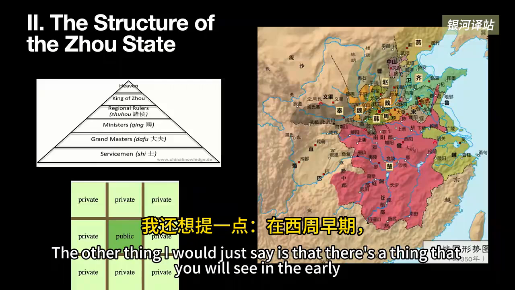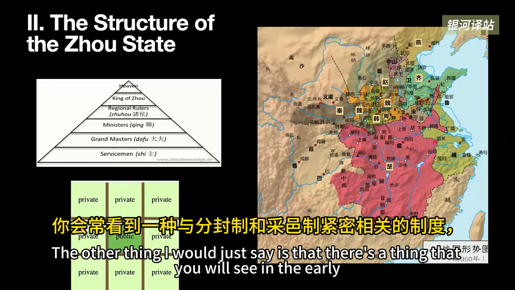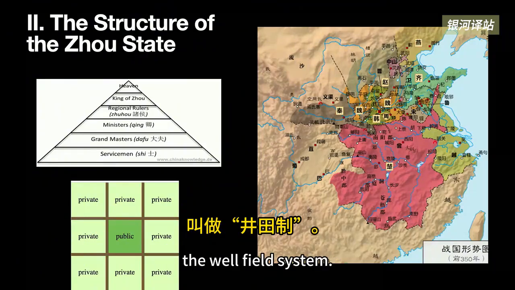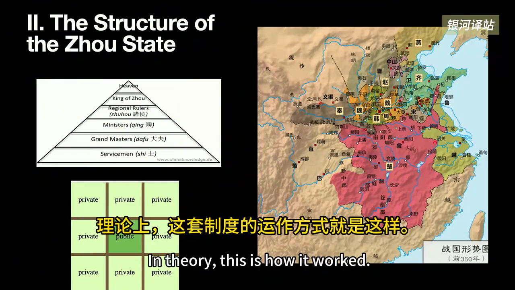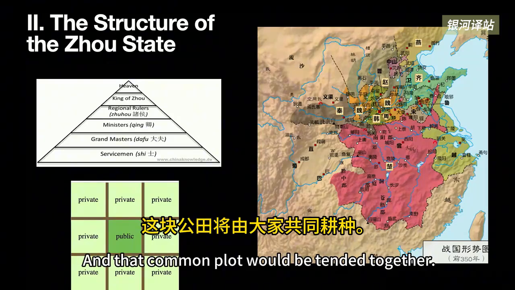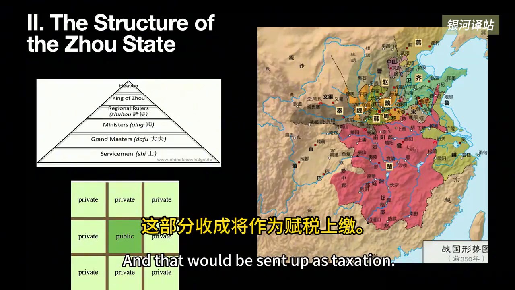The other thing I would just say is that there's a thing you will see in the early Zhou that's often linked to this Fengjian enfeoffed structure, called the well-field system. Okay, in theory, this is how it worked. Farmers would basically tend eight plots of land around one common plot, and that common plot would be tended together, and that would be sent up as taxation.